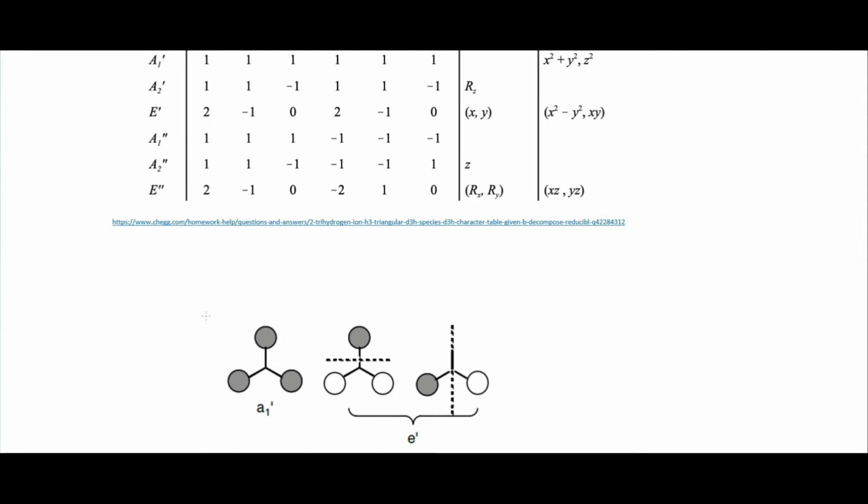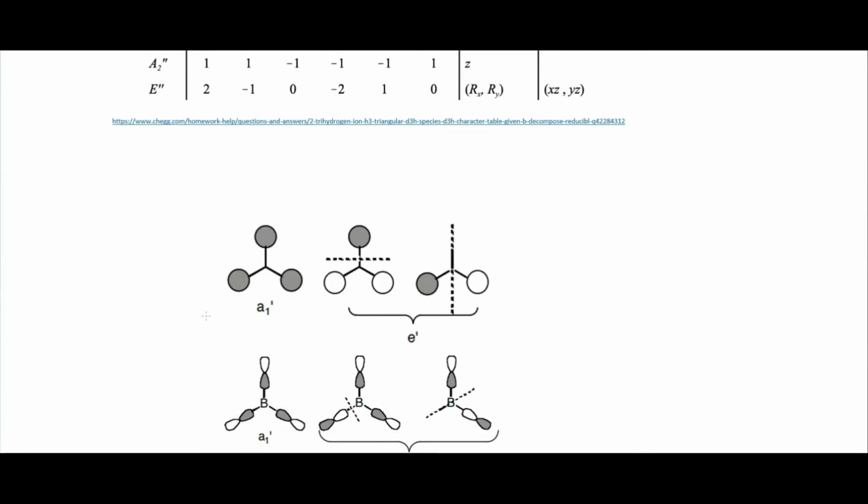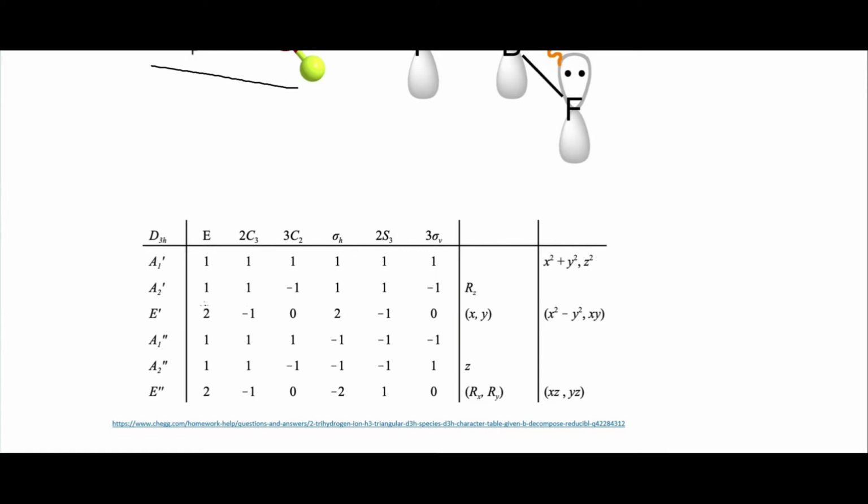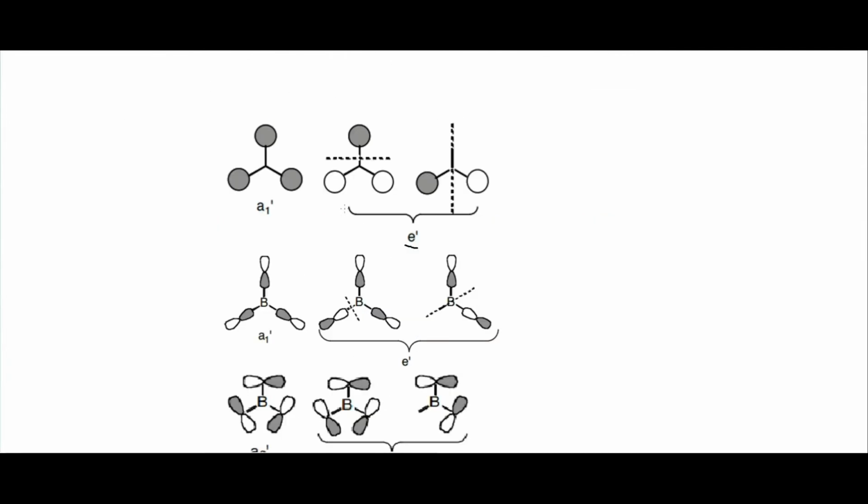And so we actually end up with similar orbitals here because we have this E symmetry here. It's actually E prime, because the prime is telling us that it is symmetric with respect to the reflection through the plane there.